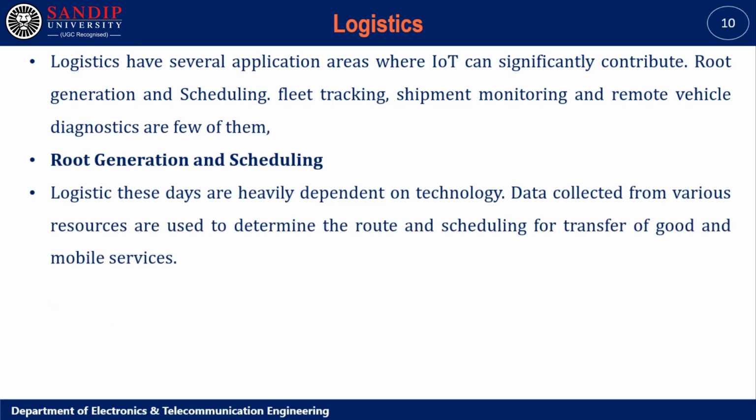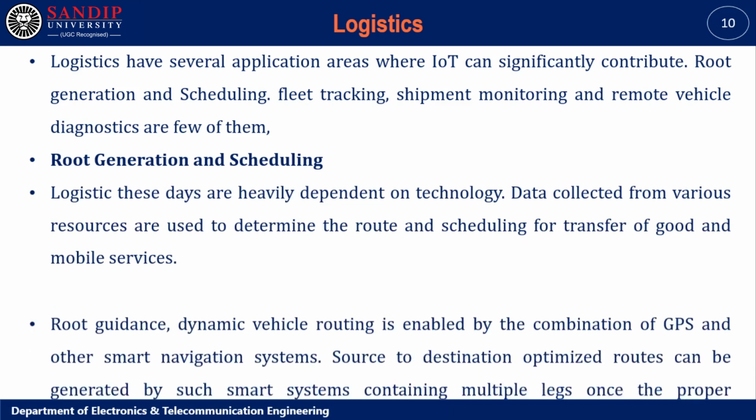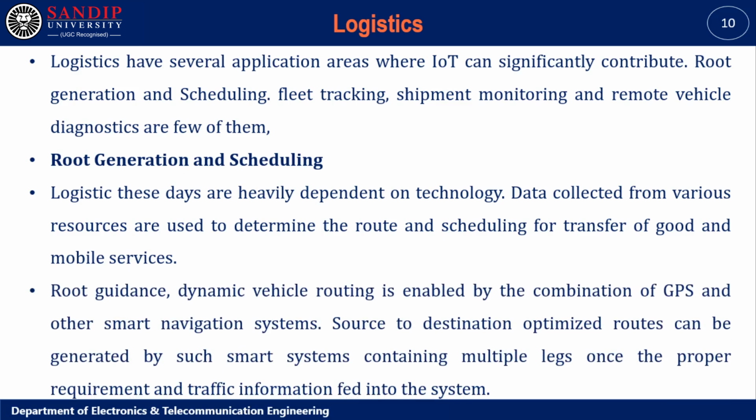Data collected from various resources are used to determine the route and scheduling for transfer of goods and mobile services. Route guidance and dynamic vehicle routing are enabled by the combination of GPS and other smart navigation systems. A source to destination optimized route can be generated by such smart systems containing multiple legs once the proper requirement and traffic information are fed into the system.